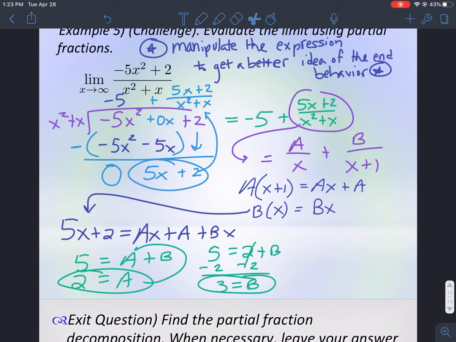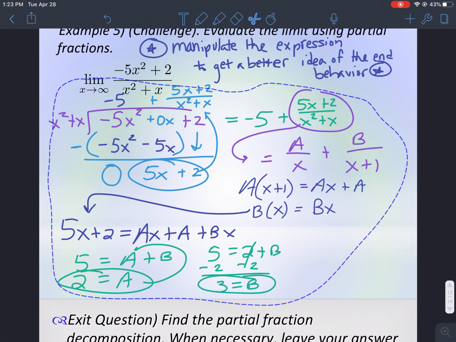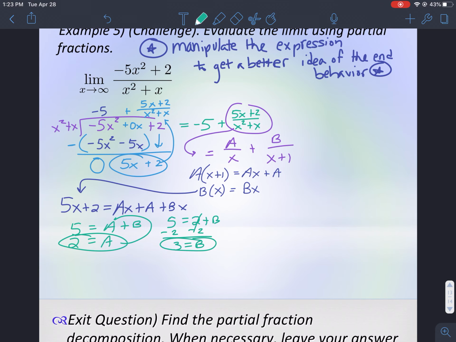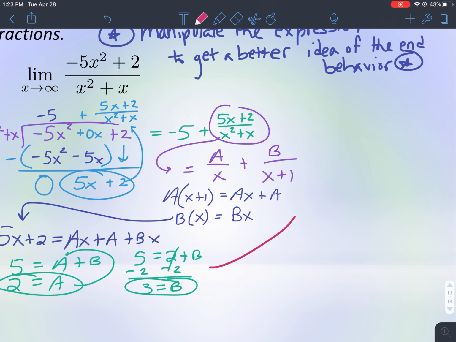All right. The partial fraction decomposition is going to be, don't forget your whole number, negative 5 plus 2 over x plus 3 over x plus 1.